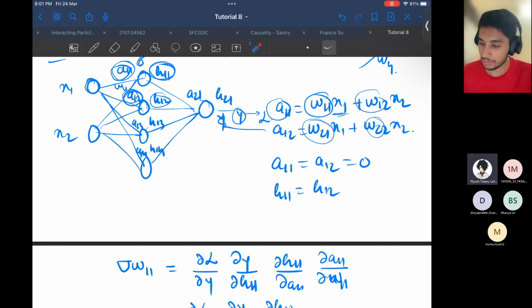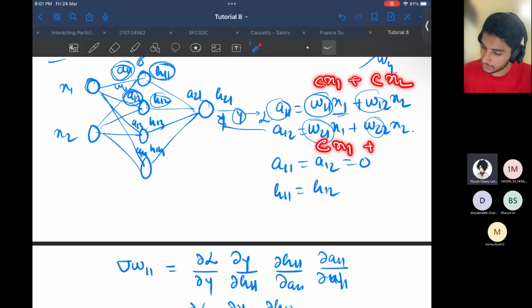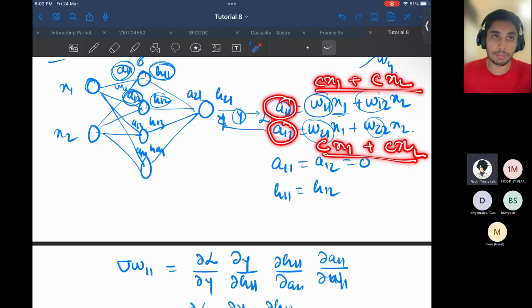You can see that, so let's say if w11 and w12 are equal to some constant c, right? This will become Cx1 plus Cx2. Similarly, this will become Cx1 plus Cx2, right? Again, a11 and a12 will be equal. Both of them are equal to Cx1 plus Cx2, and hence this will follow. It is just that it won't be equal to zero.